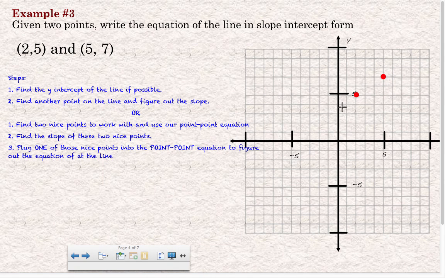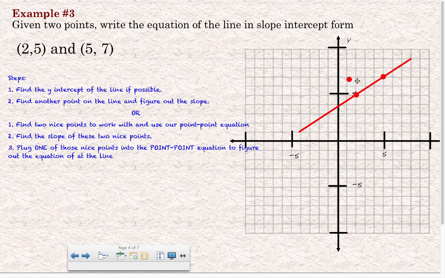If I connect these with a straight line, can I see where that line crosses the y-intercept? Maybe, but to be perfect, I can't assume that it crosses right there at 4.